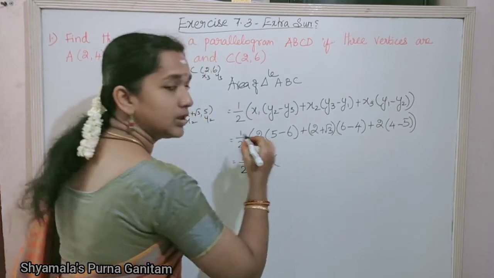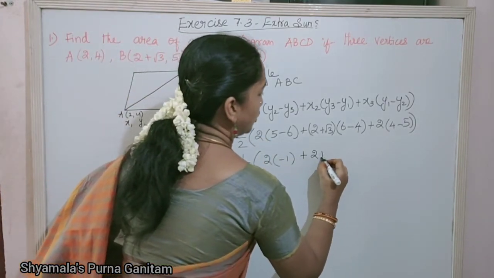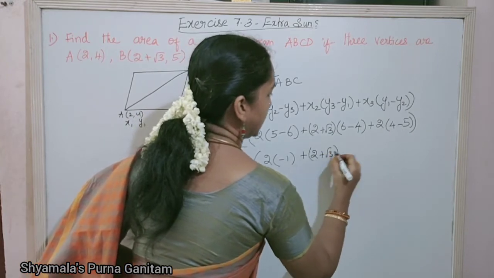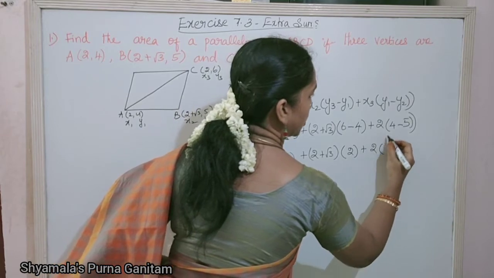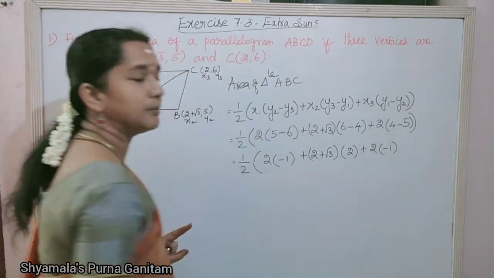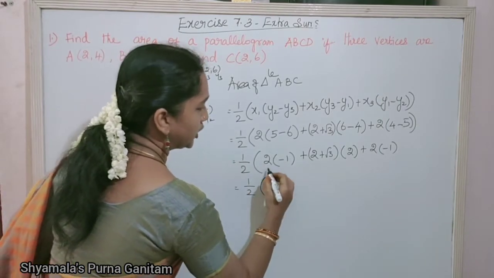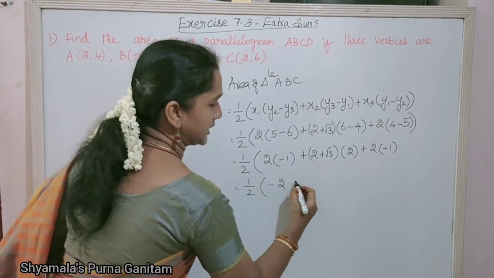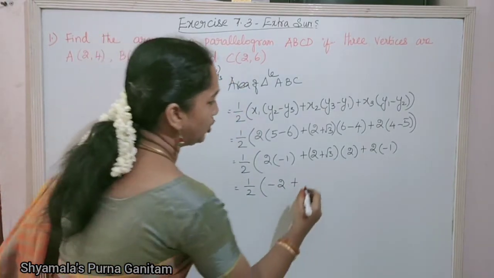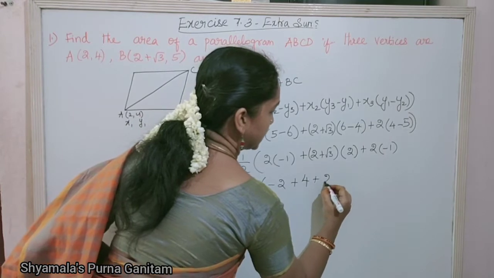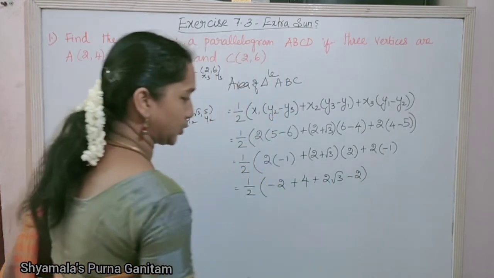So 2 into (5 minus 6) is minus 1, plus (2 plus root 3) into (6 minus 4) is 2, plus 2 into (4 minus 5) is minus 1. Then 1 by 2 into minus 2 plus, this (2 plus root 3) has to be multiplied with 2, so 2 twos are 4 plus 2 root 3, and 2 into minus 1 is minus 2.